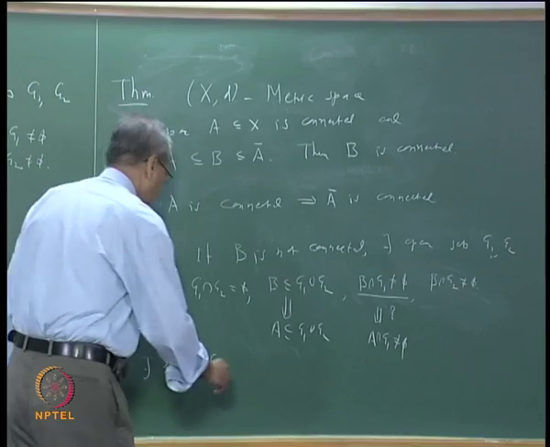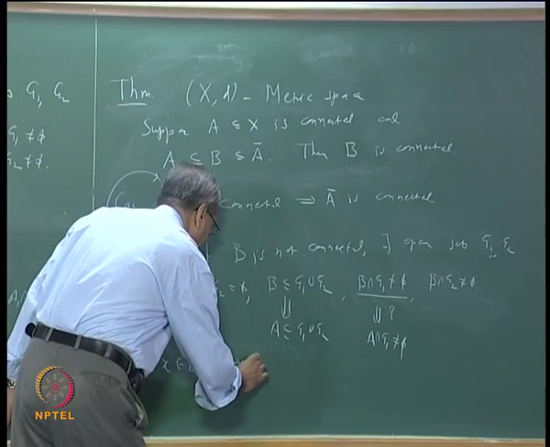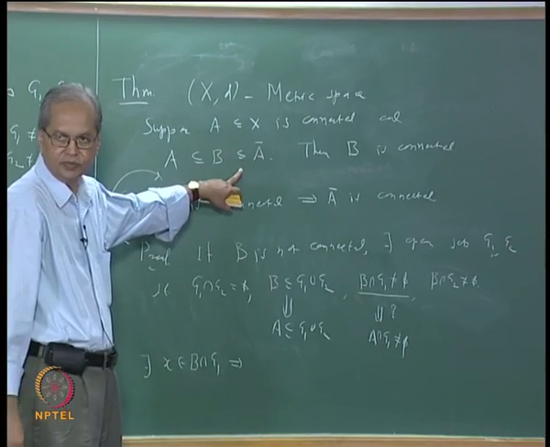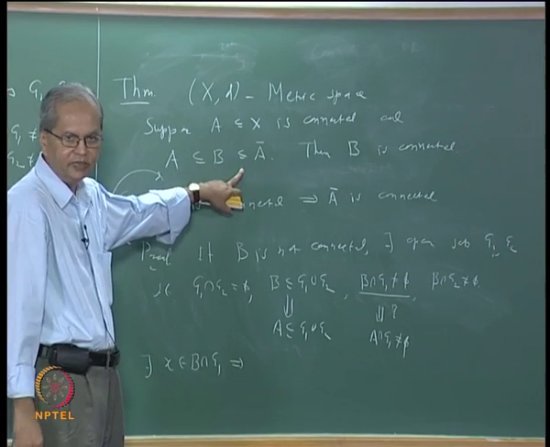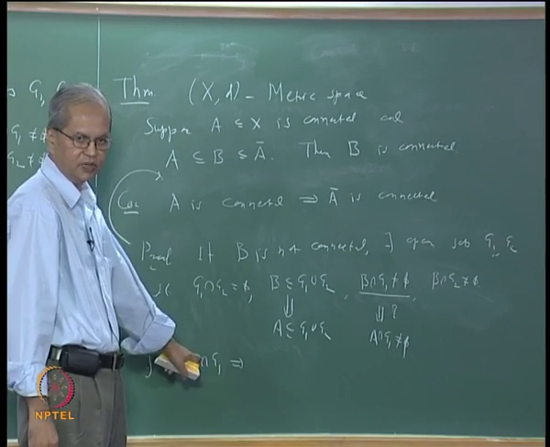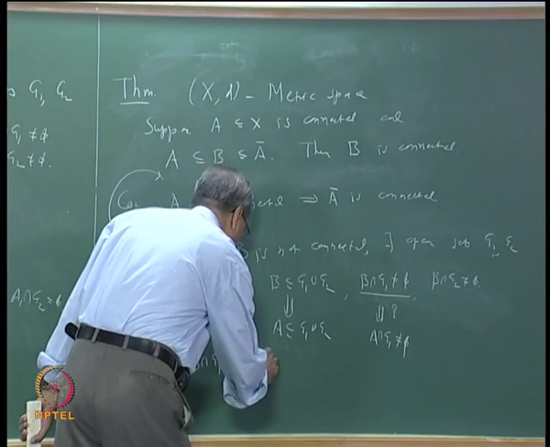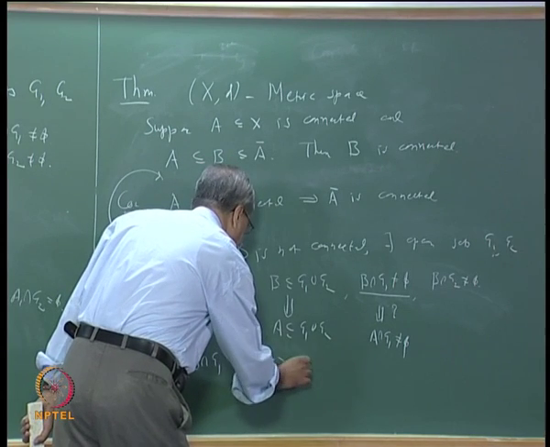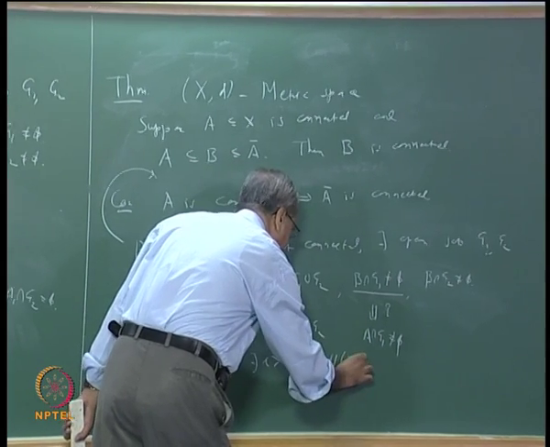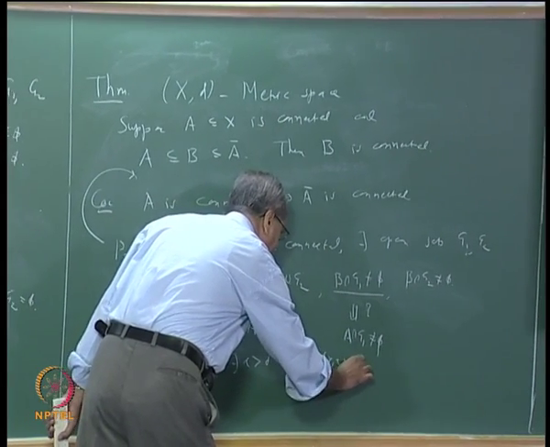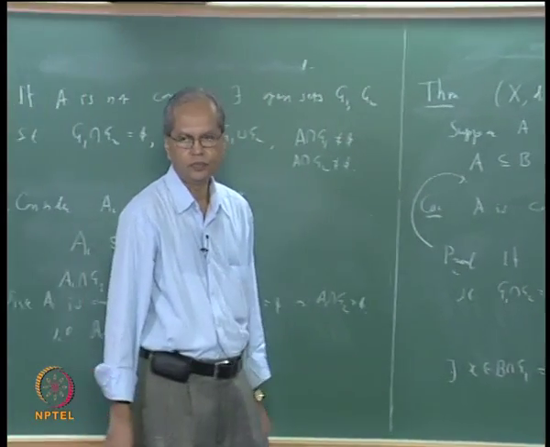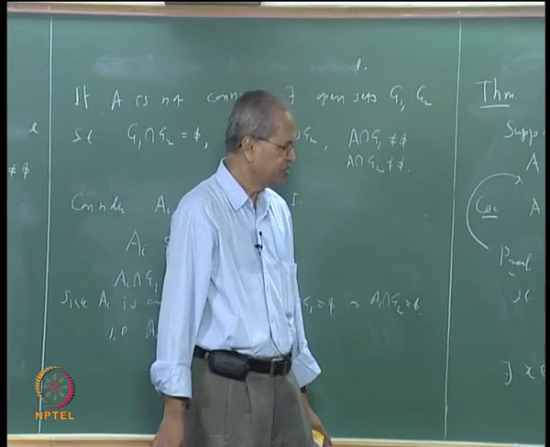Since X belongs to G1 and G1 is an open set, we can say that there exists an open ball with center at X which is contained in G1. So there exists R bigger than 0 such that UXR is completely contained in G1. Can you see what is the next obvious thing to do?